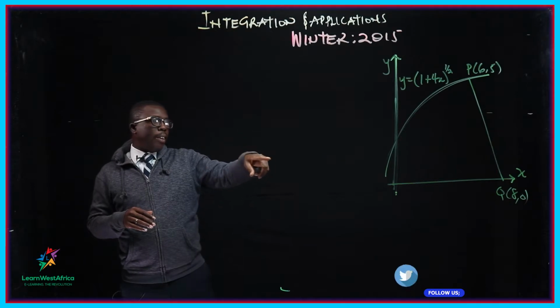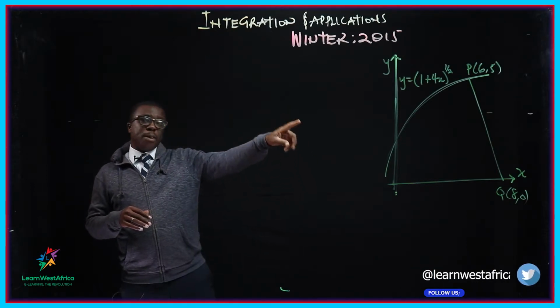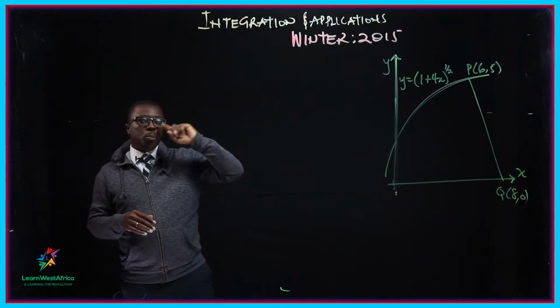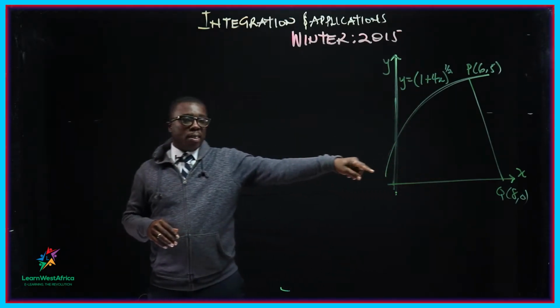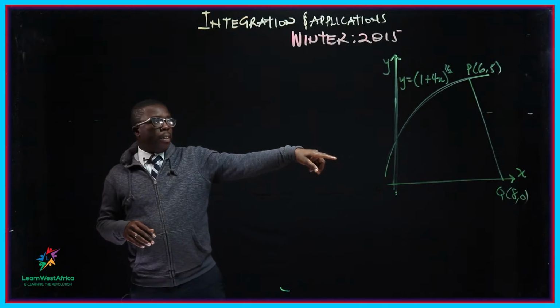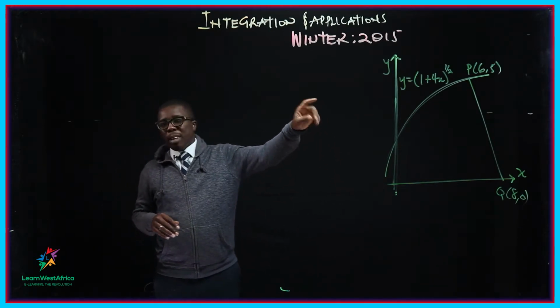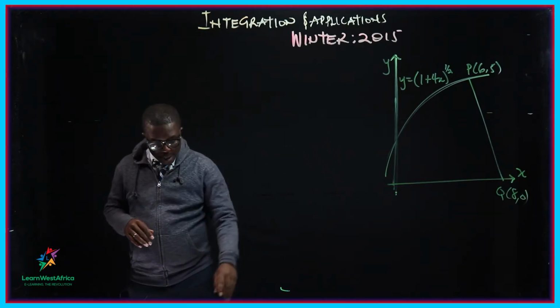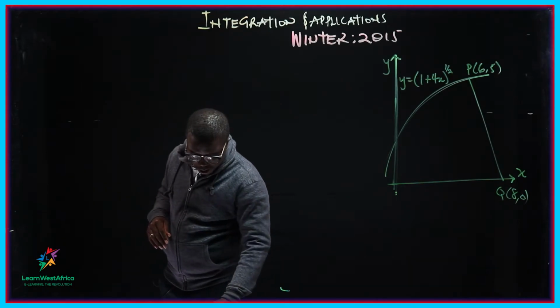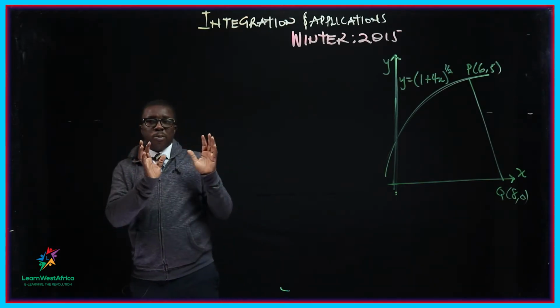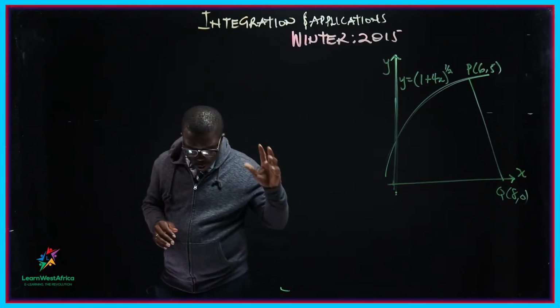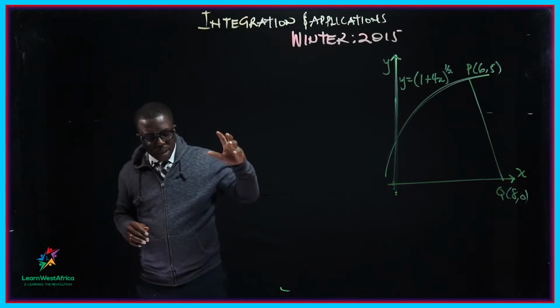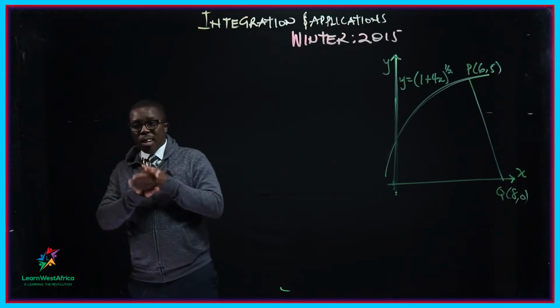We have a normal to the curve at point P. That normal cuts the x-axis at the point (8, 0), and it also cuts the curve at the point (6, 5). That's what we have been told. The problem requires us to find the volume of revolution obtained when the shaded region is rotated 360 degrees about the x-axis.